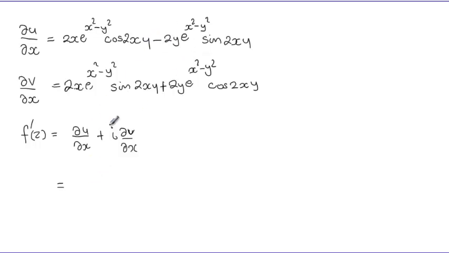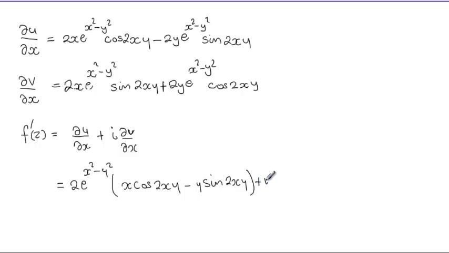Let's reorganize this and write it as 2e^(x²−y²) brackets x cosine 2xy minus y sine 2xy, plus the imaginary unit.